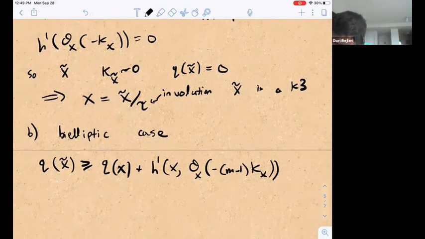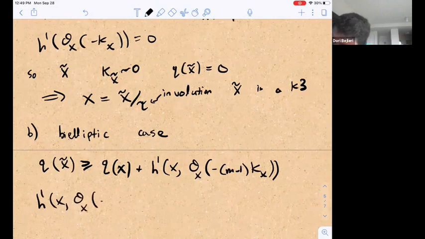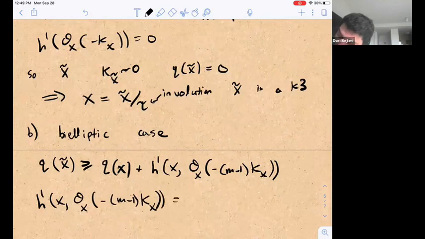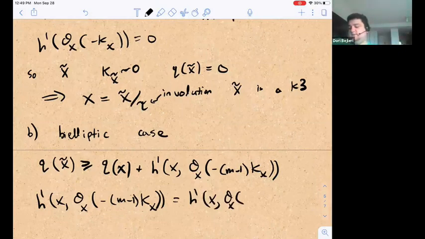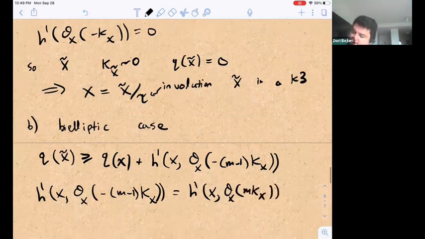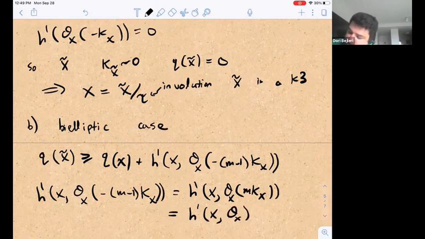And I guess Serre duality actually is easier here, so thank you for that comment. By Serre duality, this is the same as h^1(X, O_X(K_X - (-(m-1)K_X))), so it's plus, so we just get m K_X. But m K_X is O, so this is the same as h^1(X, O_X), which is the irregularity, which we know is 1.